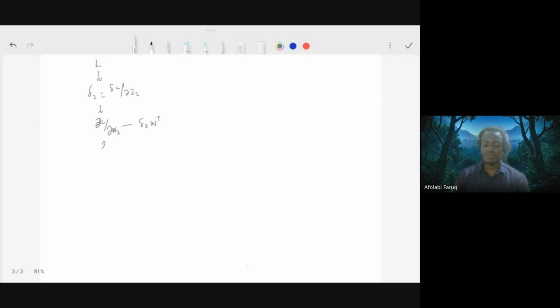Then we have dL/db2, which is delta 2. So here we are computing gradients for W2, and here is for b2.